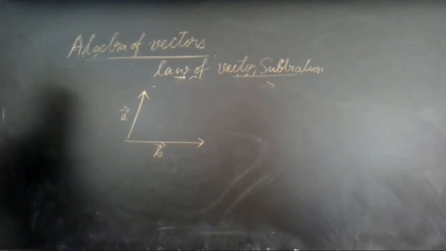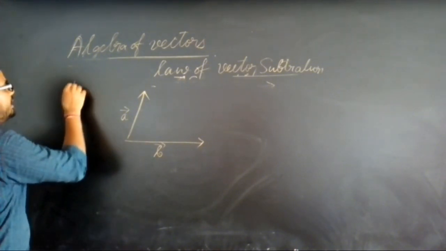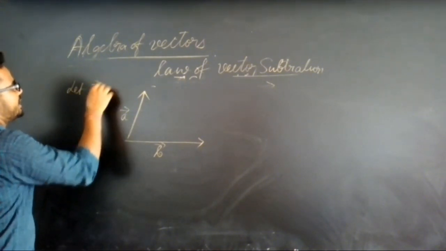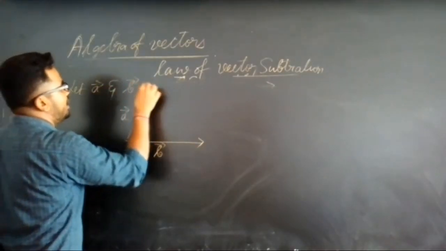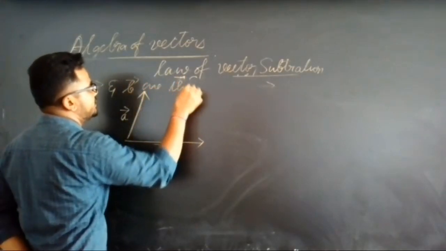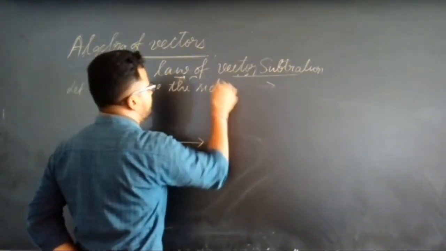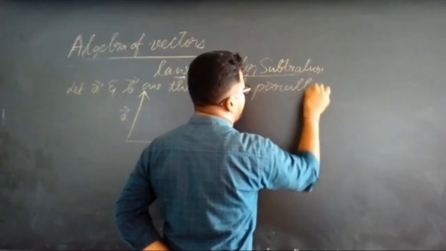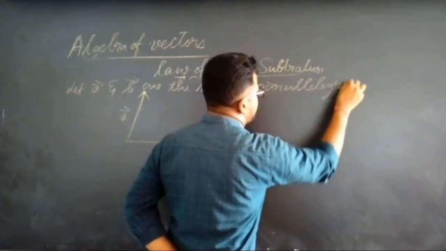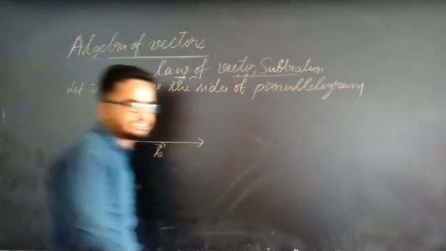Let vector A and vector B be the sides of a parallelogram.